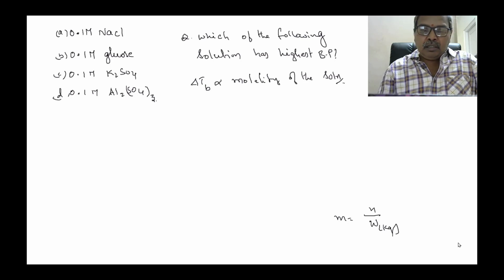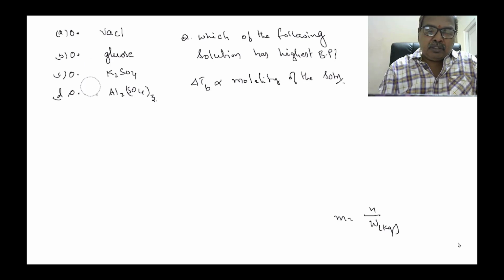So here almost all are having same concentration. 0.1 mole NaCl dissolved in 1 liter, 0.1 mole glucose dissolved in 1 liter, 0.1 mole K2SO4 dissolved in 1 liter, 0.1 mole aluminum sulfate dissolved in 1 liter, right? I will explain later, treat them as molality only. Same concentration term.